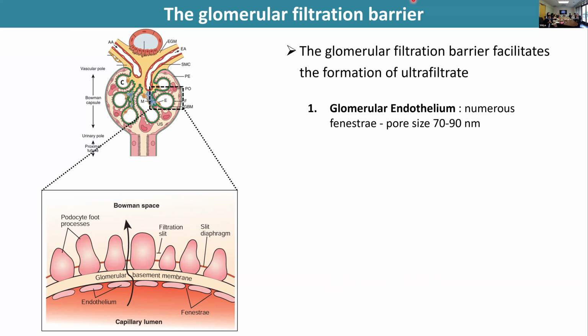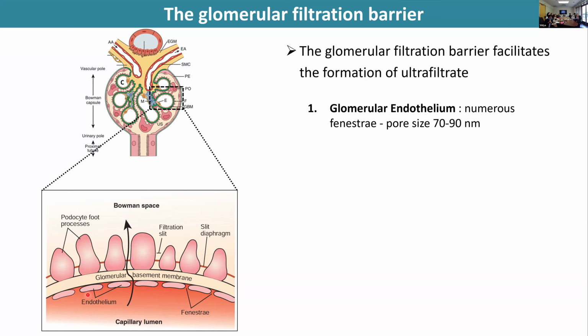The glomerular filtration barrier has a few components. The glomerular endothelium. This structure is blown up here: the capillary with the endothelium and the podocyte, and this constitutes the glomerular filtration barrier.